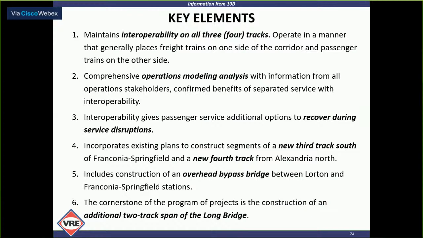And then the new third track south of Franconia, this plans to construct a new third track, basically from Franconia south, and a new fourth track from Alexandria north, that being sort of the transition zone between Franconia and Alexandria, with an overhead bypass in between.